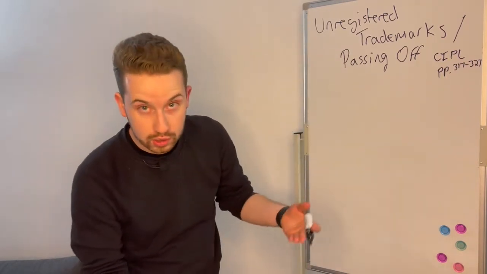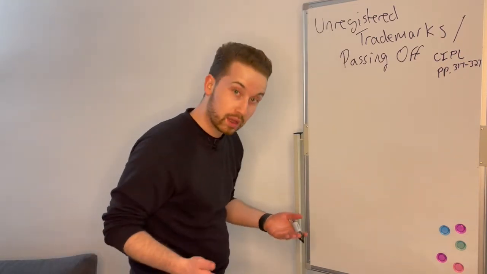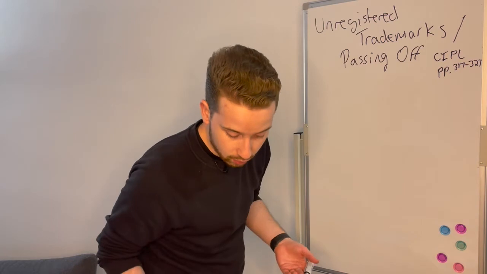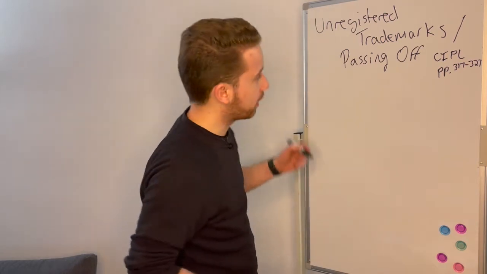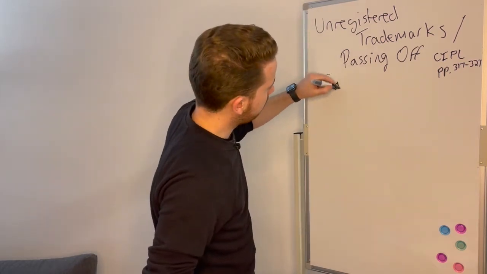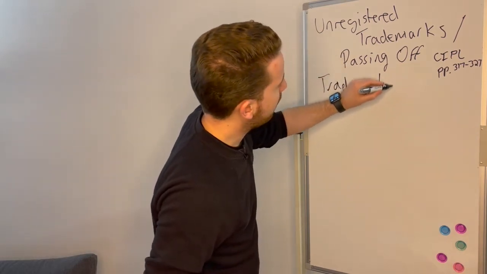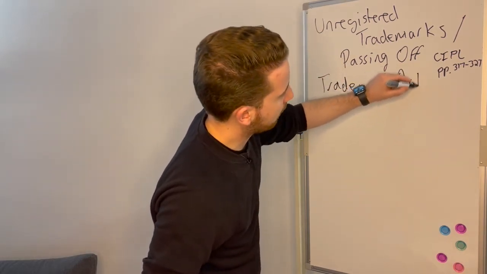What's an unregistered trademark? Well, it's a trademark, so it has to meet the same conditions generally under the Trademark Act. That's going to be our starting point, and we're going to look later on at why that's the case.